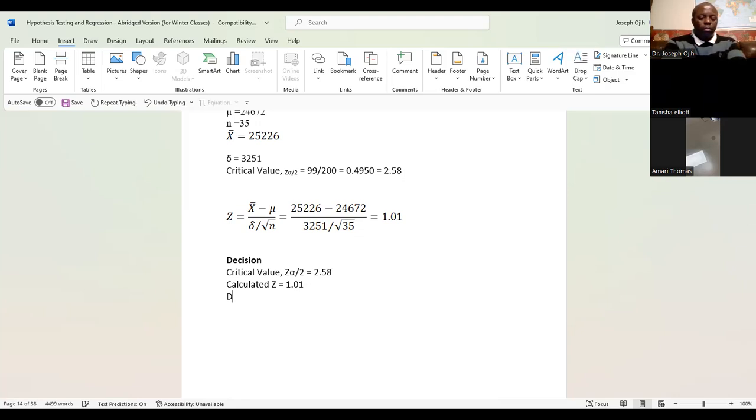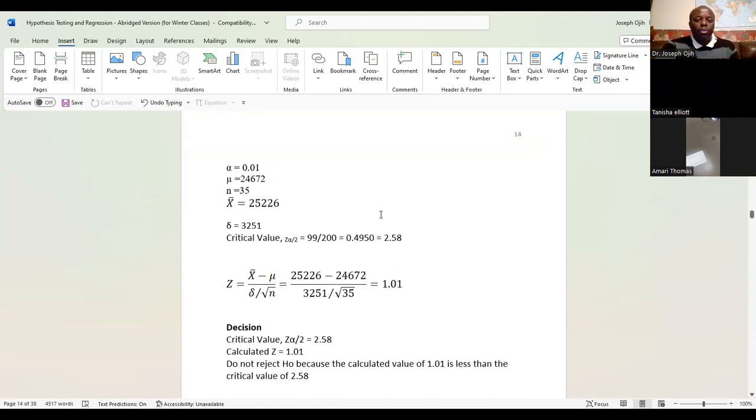So do not reject H0, because your calculated value of 1.01 is less than the critical value of 2.58.